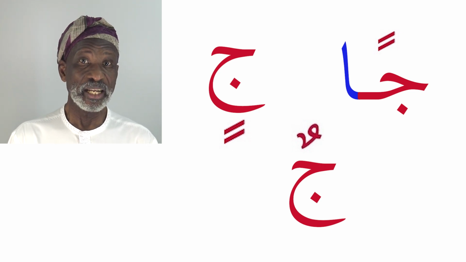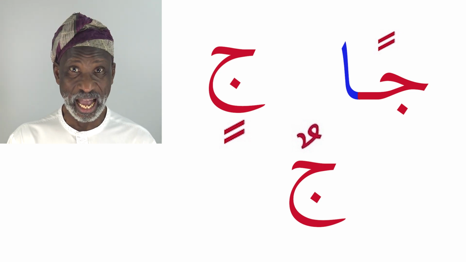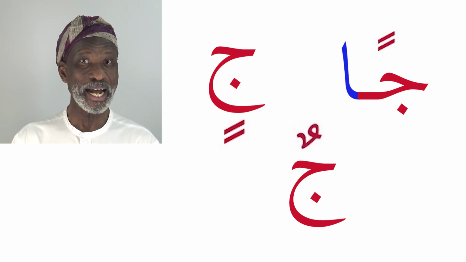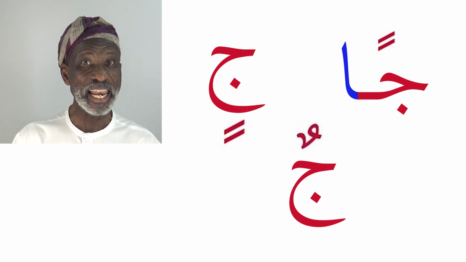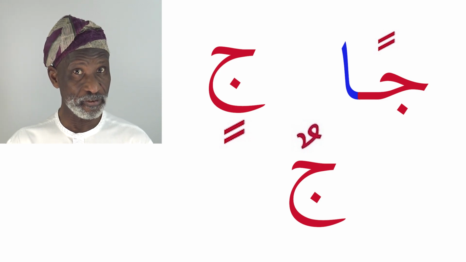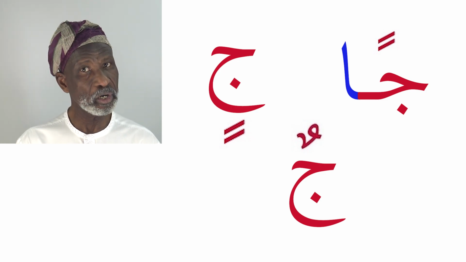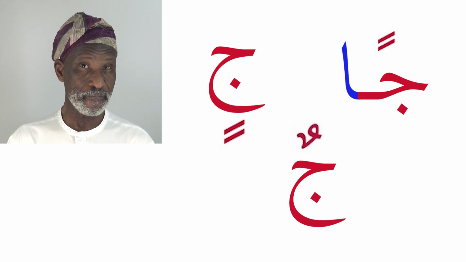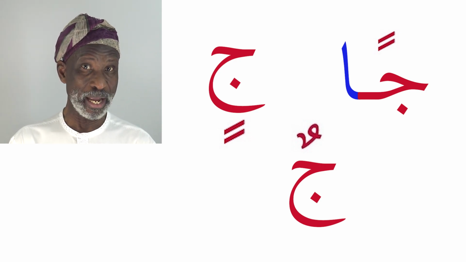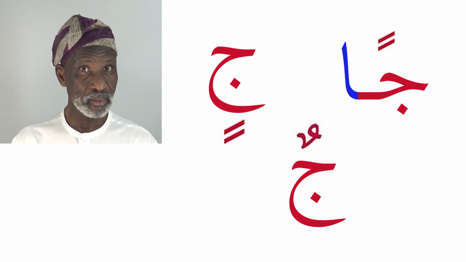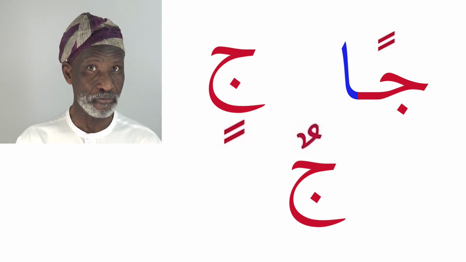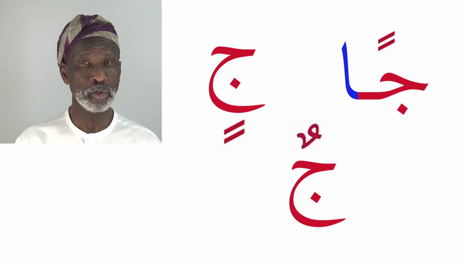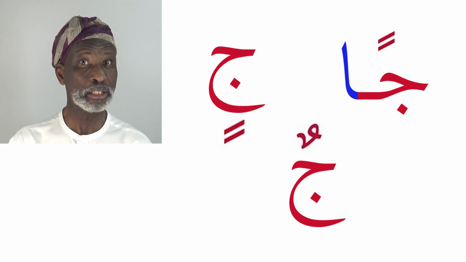Additionally, when we have tenween fatha, by convention we need to attach an alif to it. So we write an alif after that tenween fatha. For instance, when we say jan, that's a Jim, tenween fatha, and I put the alif to make it jan. That alif is there by convention. You don't need to do much with it, it just must be there.